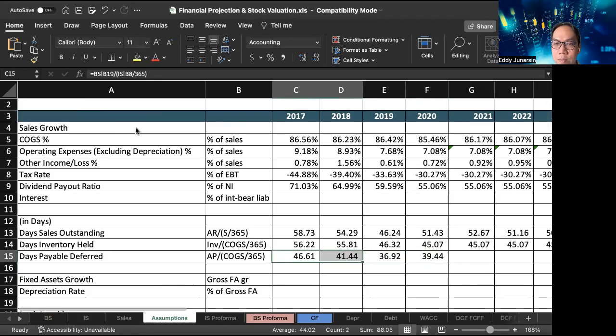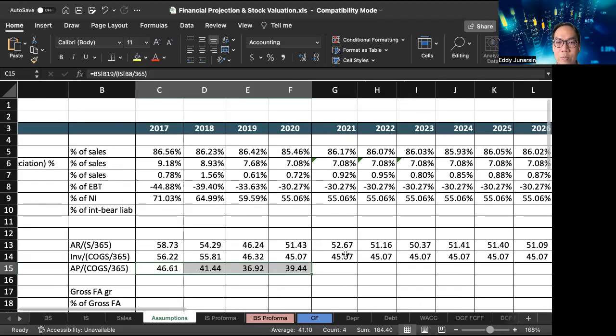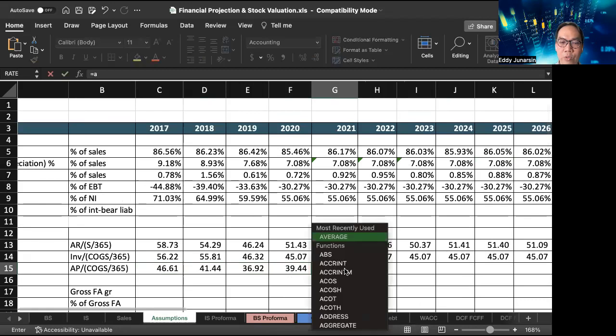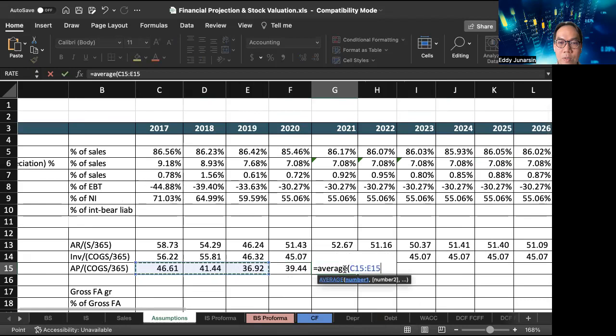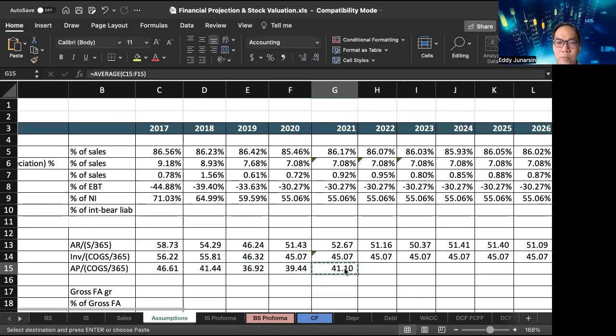Again we see an inconsistent pattern going up and down. So it's better to use the moving averages for this one, the average of the last four ratios.